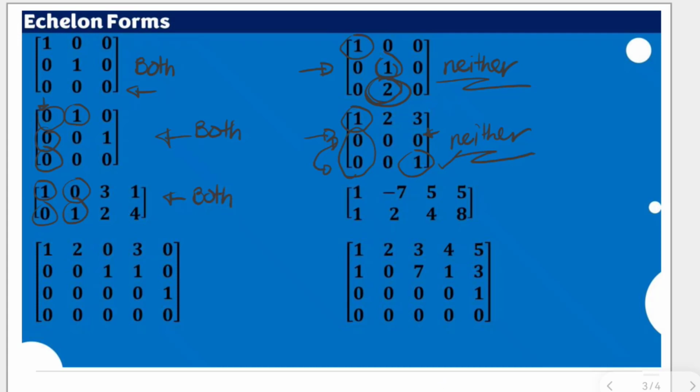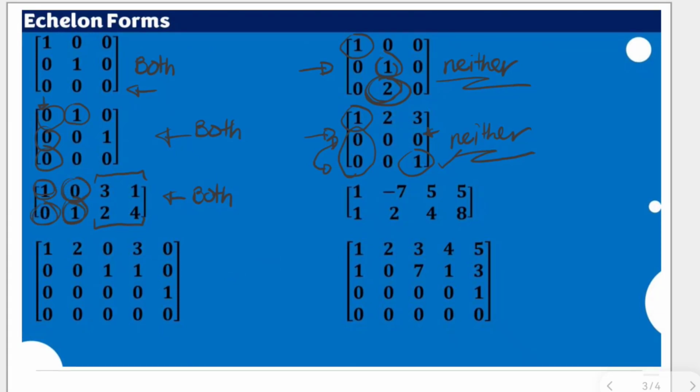Even if we have entries here which are non-zero, since they do not belong to the same column of a leading 1, it won't matter for the identification, because we're just going to look at whether the leading 1 has 0 entries below it and above it. So this is an example of both.